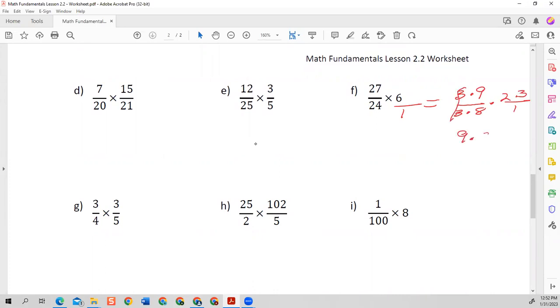And that leaves me a 9 times 3 over... Oh, and don't forget our 2 here. Times that 2. Let's not forget this 2. All over 8. But 8 can be rewritten as 2 times 4. What happens? The 2's reduce. Leaves me with 9 times 3, which is 27 over 4.